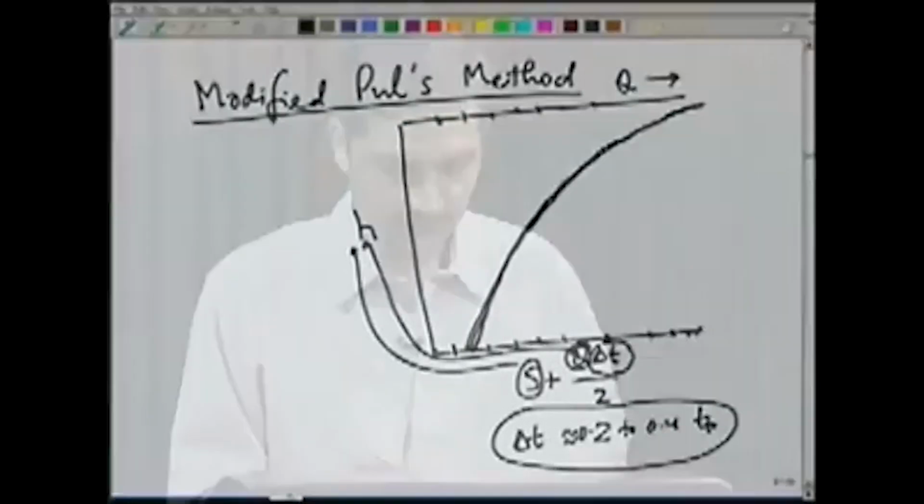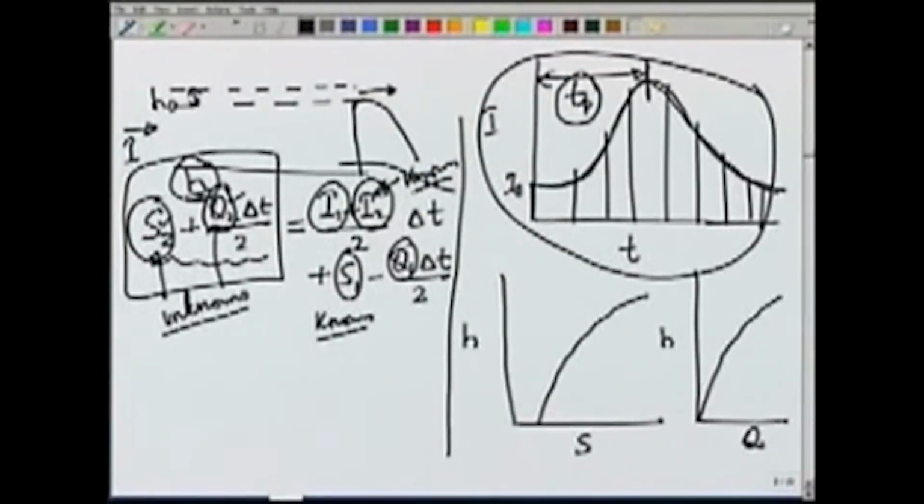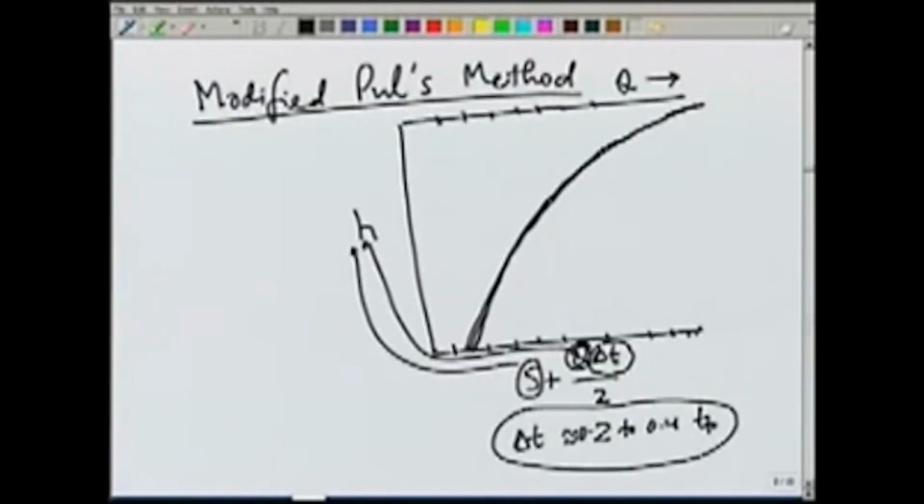Now, if we look at the equation, all these quantities are known at the beginning of the time step. So, with these quantities we can find the sum of S and Q delta t by 2. We cannot find S2 and Q2 individually, but the sum is known to us because of this equation. So, from that known value and from this curve, we can directly find H, which gives us the head or the water depth at the end of the interval delta t.